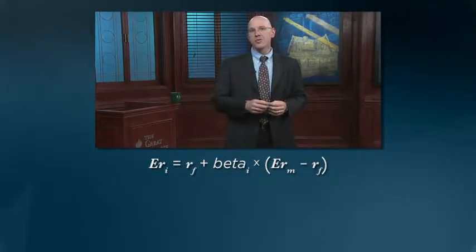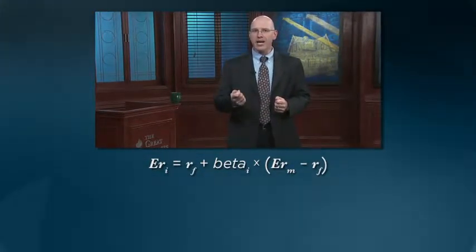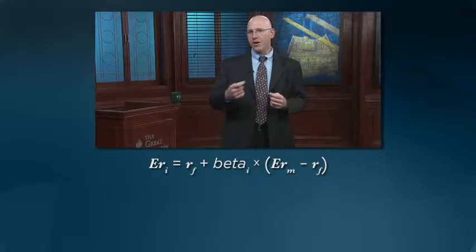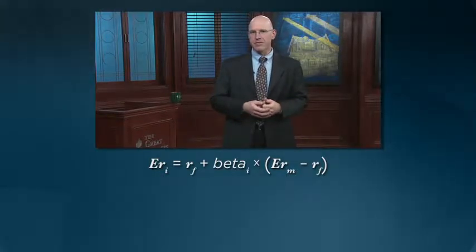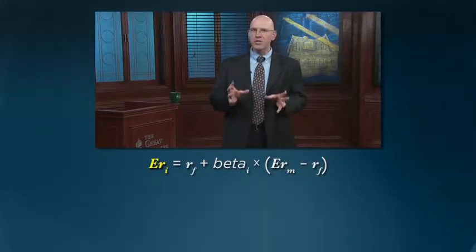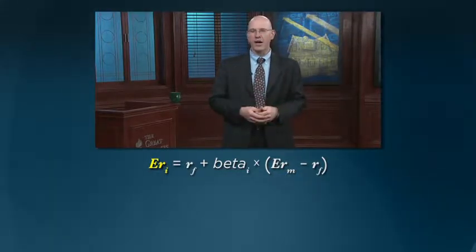Now, to use the CAPM to estimate the expected return or discount rate on a stock, we use the following formula. E of Ri equals Rf plus beta i times the quantity, E of Rm minus Rf. Now, in the formula, E of Ri is the expected return of the asset that we want to find.